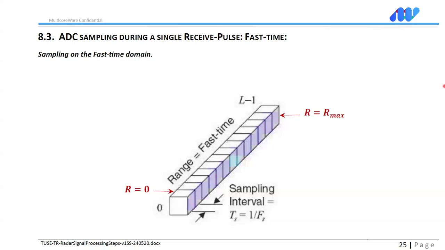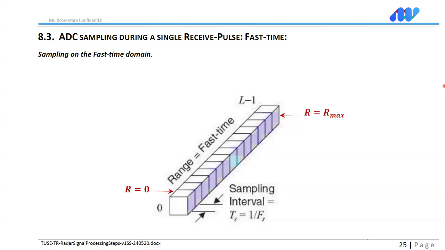I have a few words. Sampling in the fast time domain describes the sampling due to a single transmitted pulse. You send a pulse and you receive it. You call it the fast time. This sampled data is the true raw signal data for the radar. Input data is often called raw, even if it's not raw.